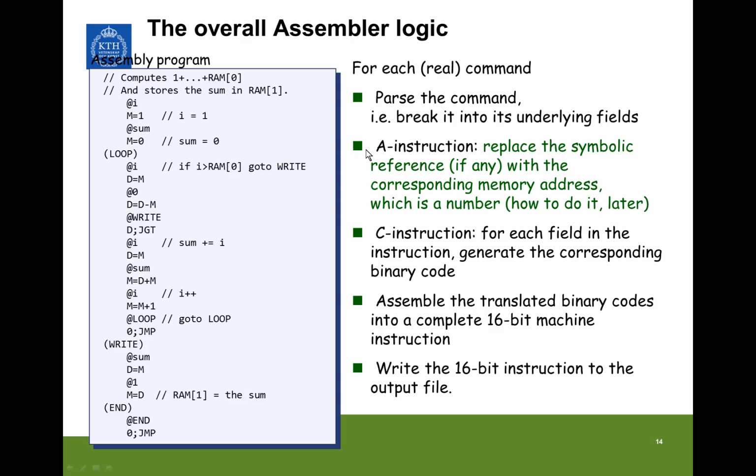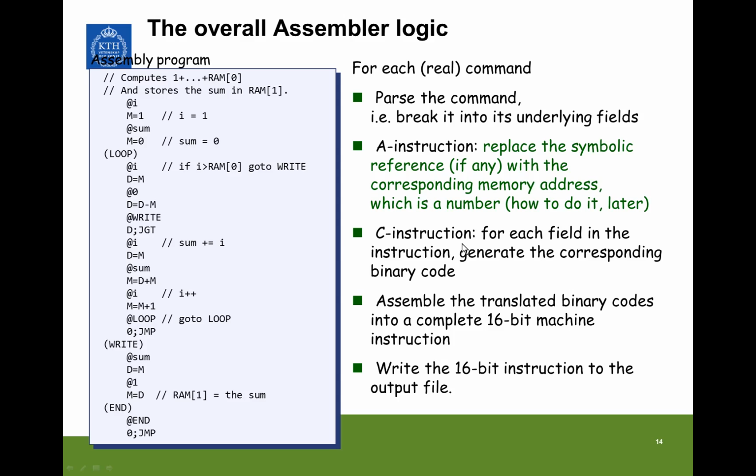So what do we need to do with each of these instructions? If we have an A instruction, then the symbolic reference that we find in the A instruction has to be replaced with the corresponding memory address. This will be symbol handling, and we discuss it later.